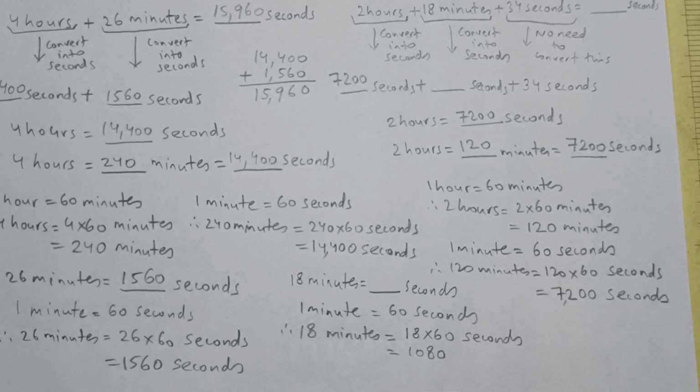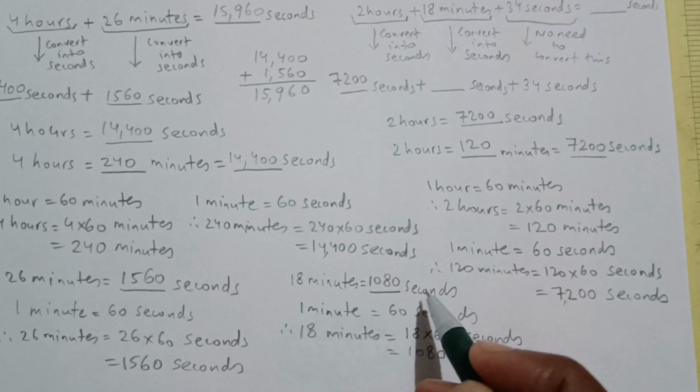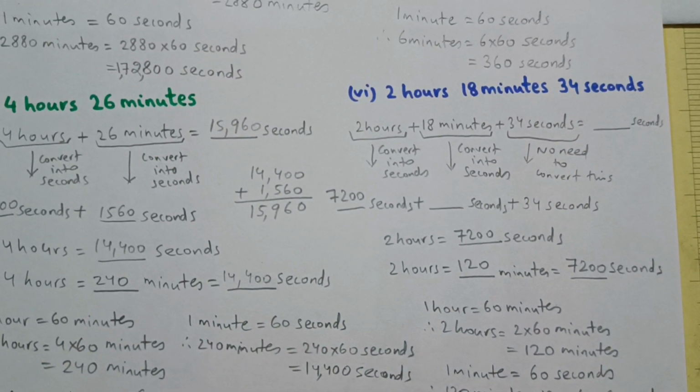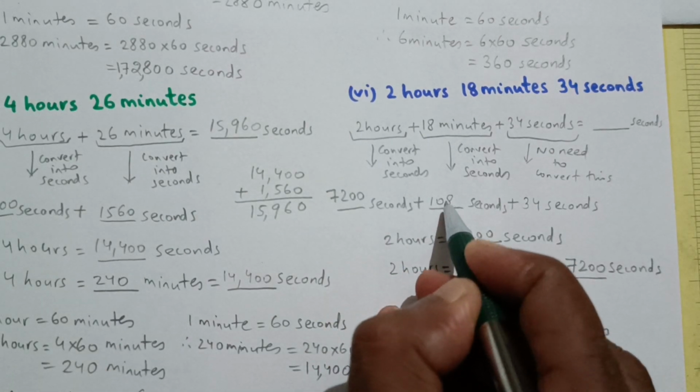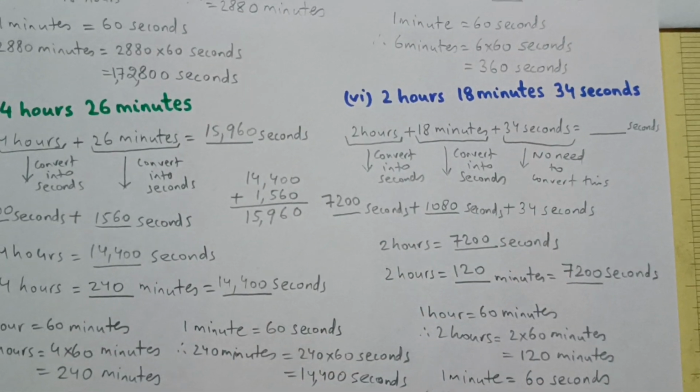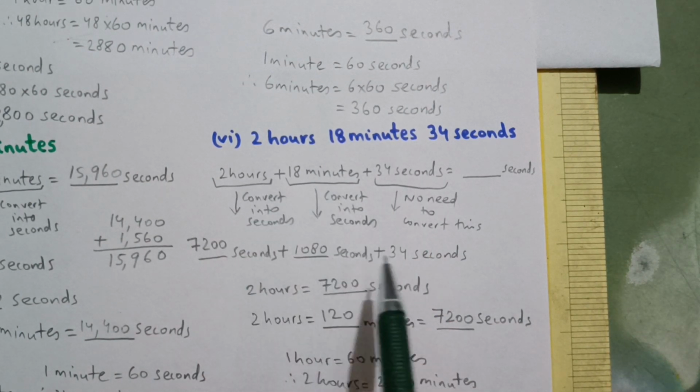So 1080. So 18 into 60 is 1080 seconds. So 18 minutes is 1080 seconds. So we have converted all of them into seconds.